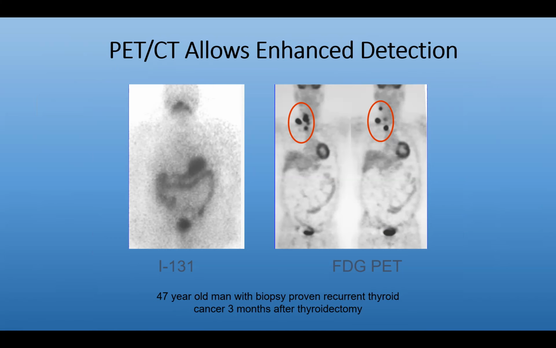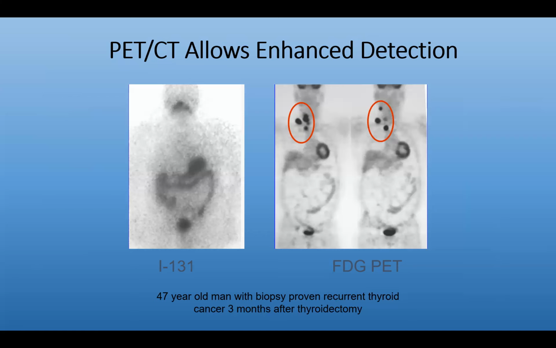Any of you that have done an I-131 whole body know that the images aren't the greatest resolution. I-131 has high energy photons, and our gamma cameras have decreased efficiency of detection for the higher energy photons.